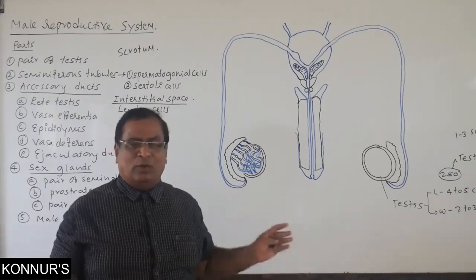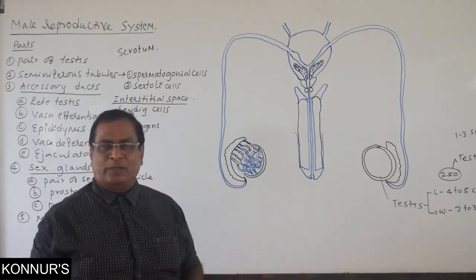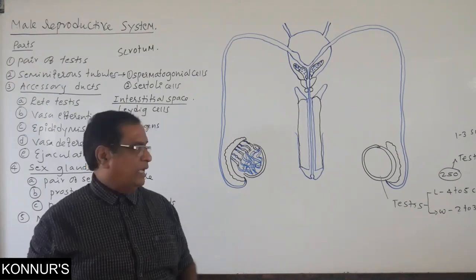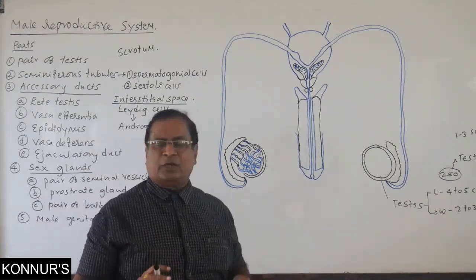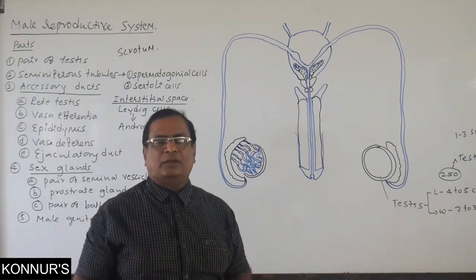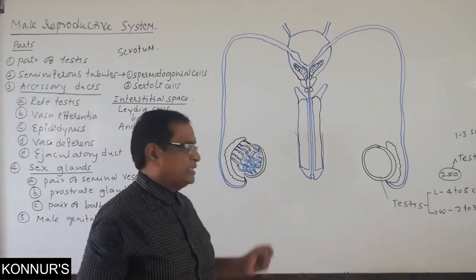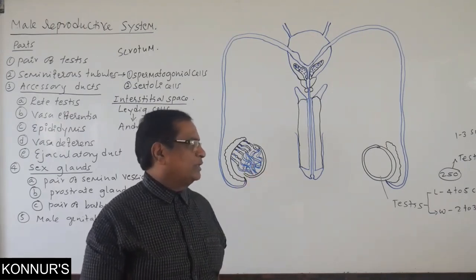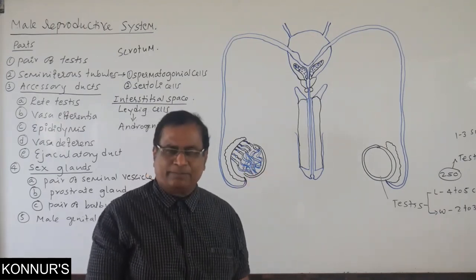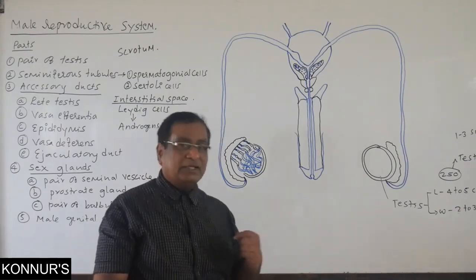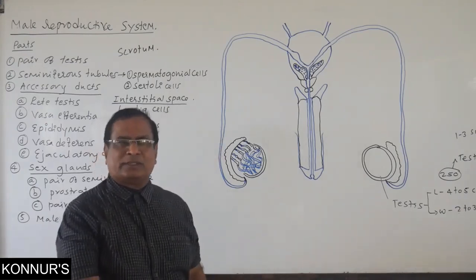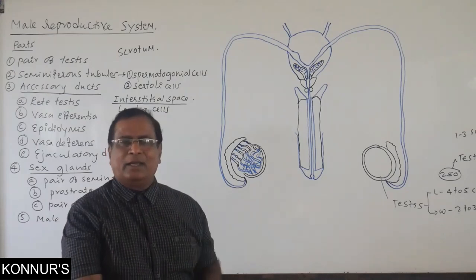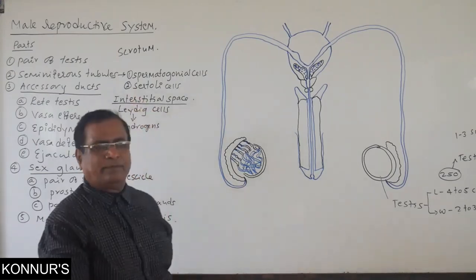It's about the seminiferous tubules. See, there are 250 testicular lobules in each testis, and in each testicular lobule there are 1 to 3 seminiferous tubules. In the lining of each seminiferous tubule there are two types of cells.